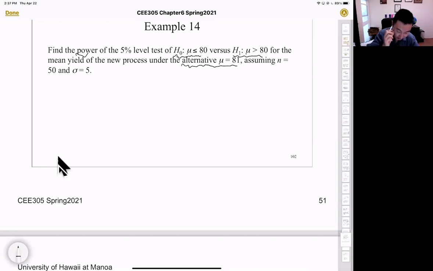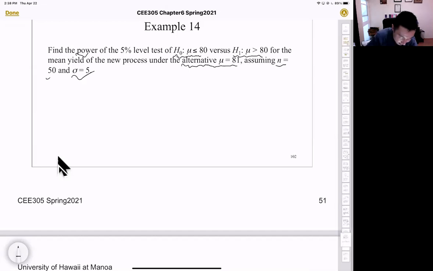So the alternative mu is necessary to calculate the power. But for a hypothesis test, we do not have the alternative distribution. Assume n is 50 and sigma is 5.